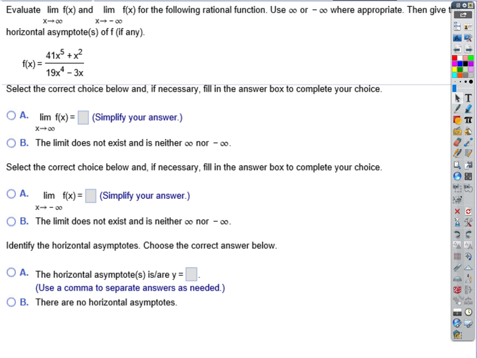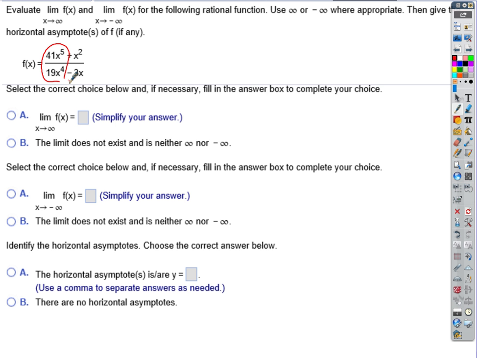So what's the theory tell us here? The limit of f of x as x approaches infinity and negative infinity. Here's the function. Talk to me about limits at infinity. Top is higher degree than the bottom, right?